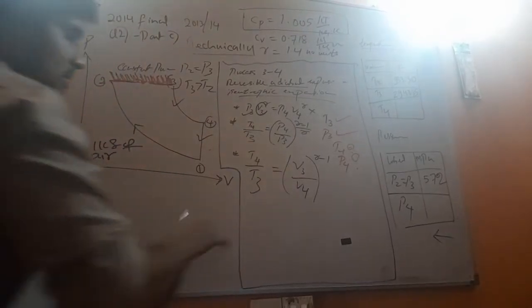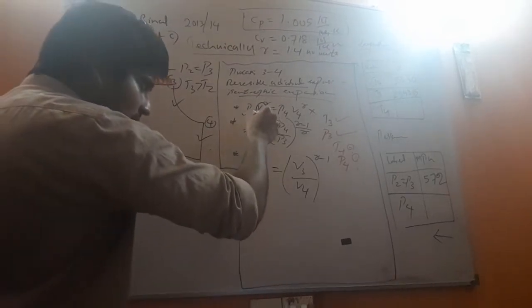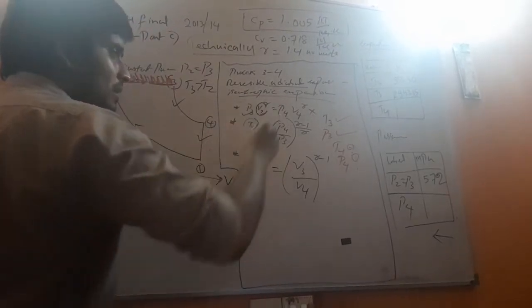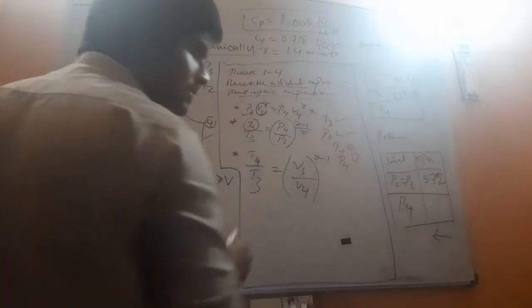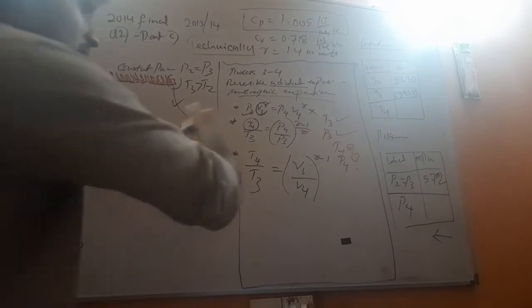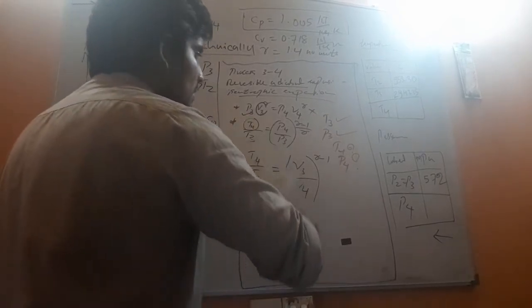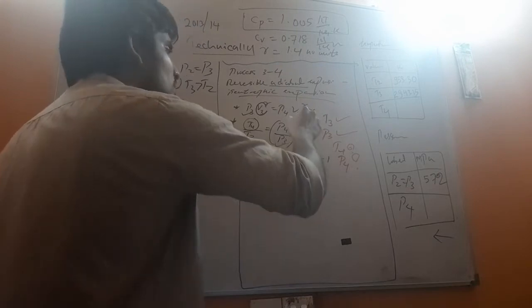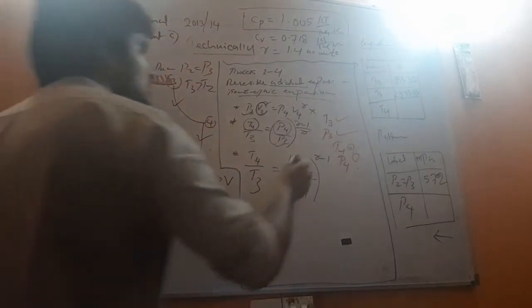And let's consider this equation. Let's check whether you can find T4. You can use this equation to find T4, but you need to know all the other values. T3 you know, P3 you know, but you don't know P4. So you cannot have two unknowns, so you cannot use this equation also.